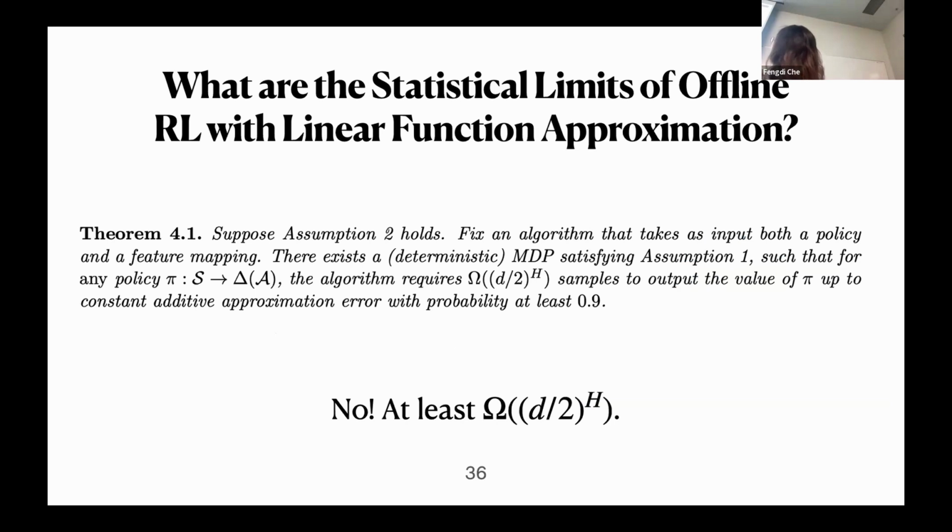There exists an MDP satisfying assumption 1, which is Q-pi realizability, such that for any policy, this algorithm will require d to the power h samples to output the value of pi up to a constant approximation error with probability at least 0.9.